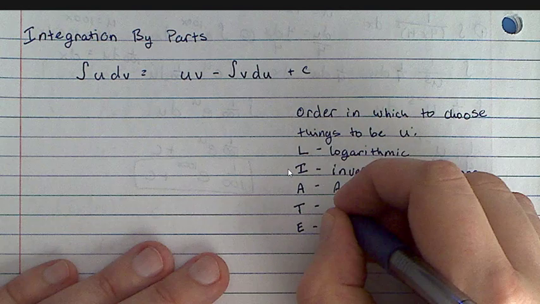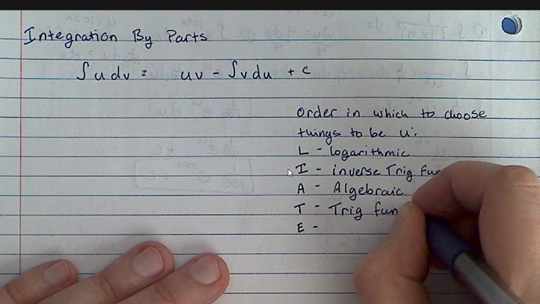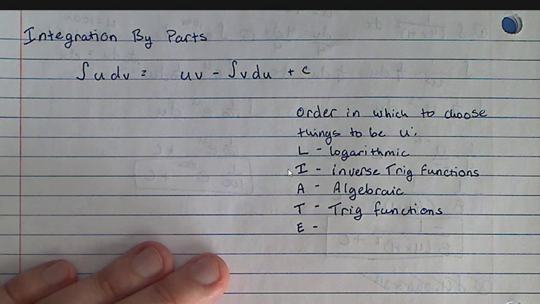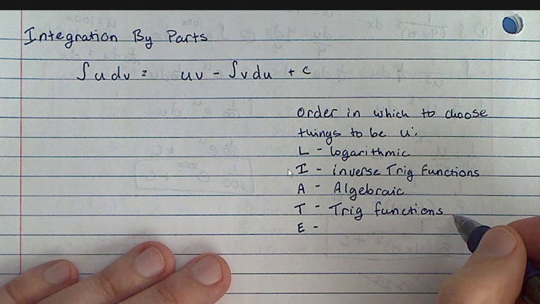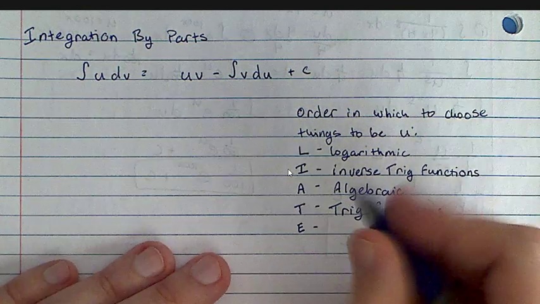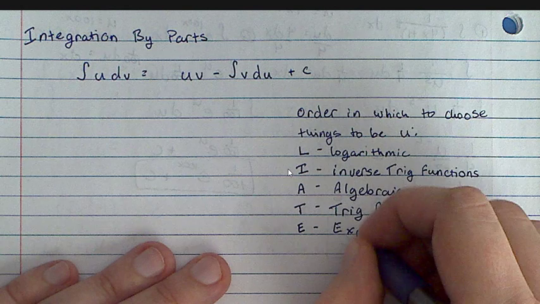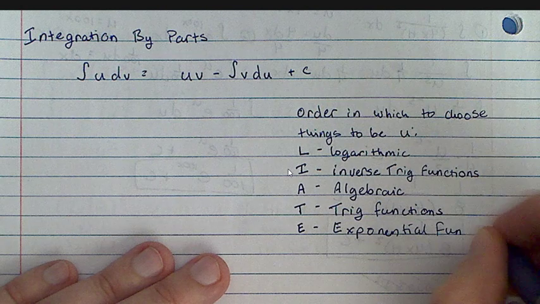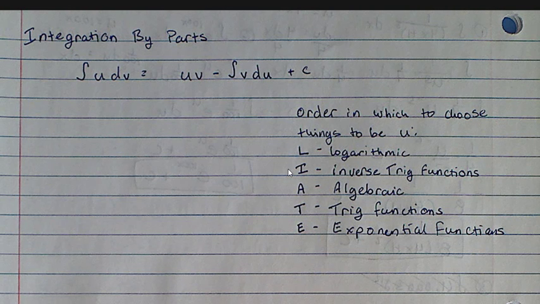T is plain old trig functions, like sine, cosine, or tangent. They get weird when you start using them for u, so they're one of the last things you want to use for u. And the last thing you want to use for u are exponential functions like e to the x. These are the order in which you want to try to choose things to substitute in for u.